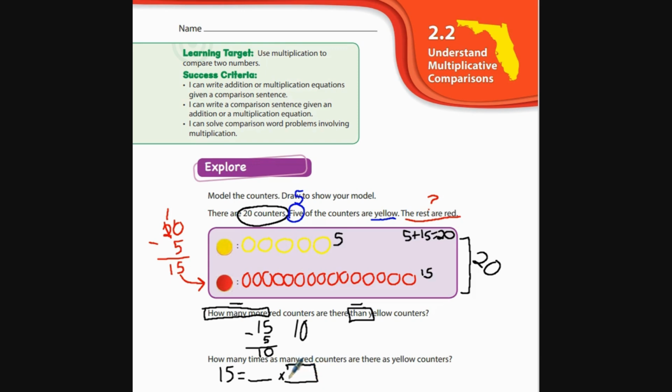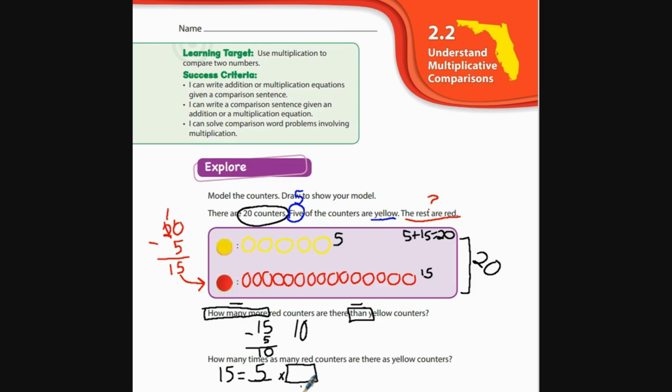This is going to be my answer. How many times as many red counters are there as yellow counters? I already know my red counters, but I need to look for my yellow counters. The number I have for yellow is 5, so let's put that 5 here.